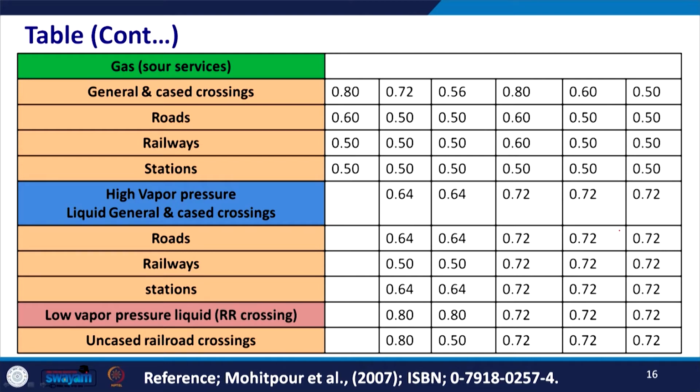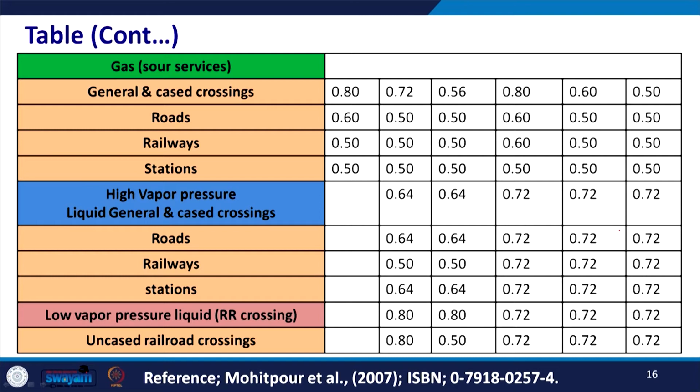Similarly for railways, class 2 and class 3 are 0.50 each in CSA and 0.72 in all three classes in ASME. Similarly, in stations it is 0.64 in class 2 and class 3 and 0.72 is common for all three classes under ASME.